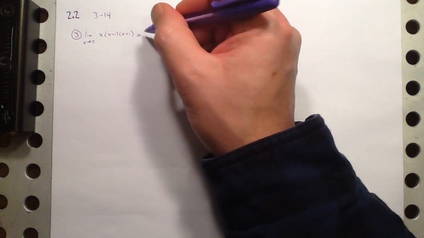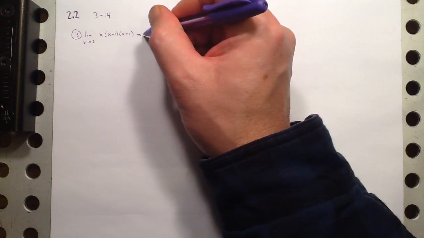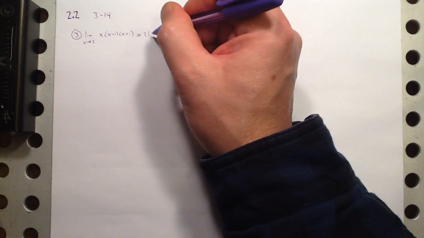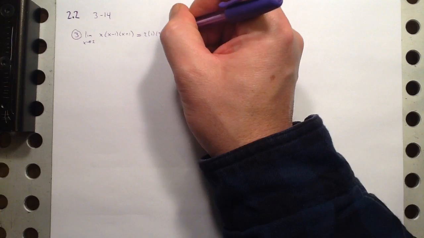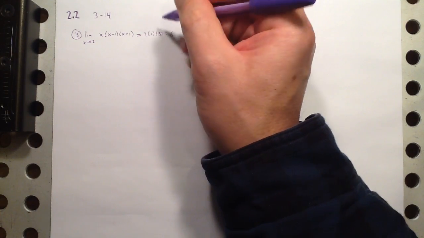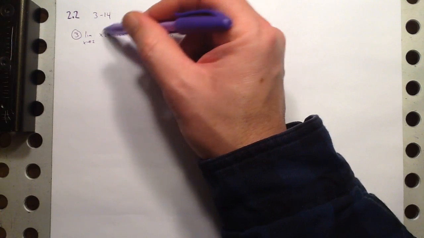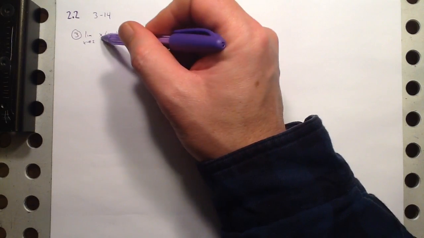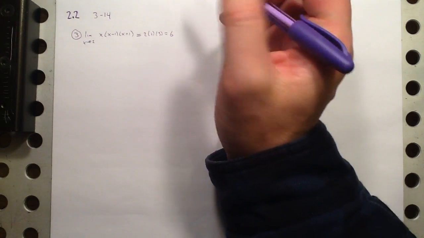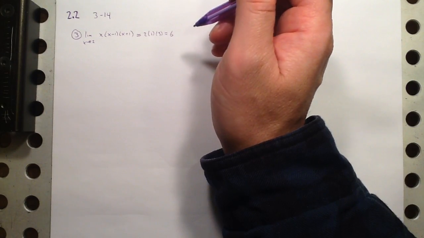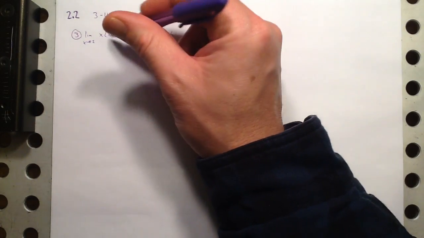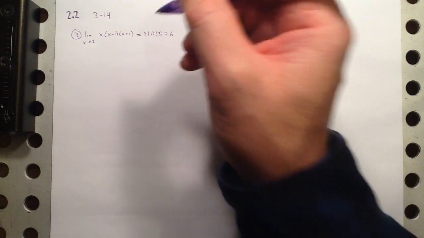That's 2 times (2 minus 1) times (2 plus 1), which is 6. This is just a plain old continuous function, some kind of cubic function, because it's x times x times x. It doesn't have any issues. There are no holes or jumps or vertical asymptotes or anything like that. So you just plug in 2 and you get your answer.